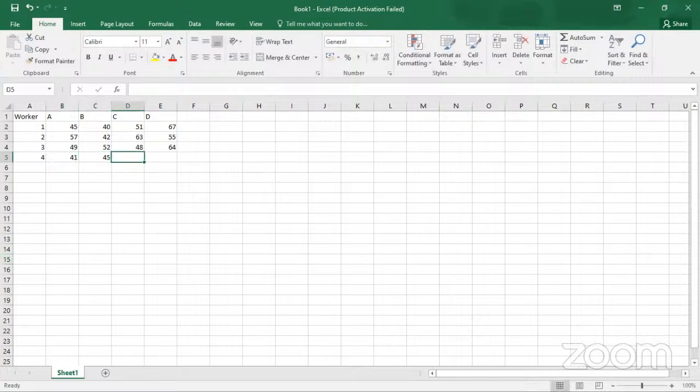Yes, madam. The first step is to check whether it is a balanced or unbalanced problem. Here balanced is where the number of rows is equal to the number of columns. How many workers do we have? 4.